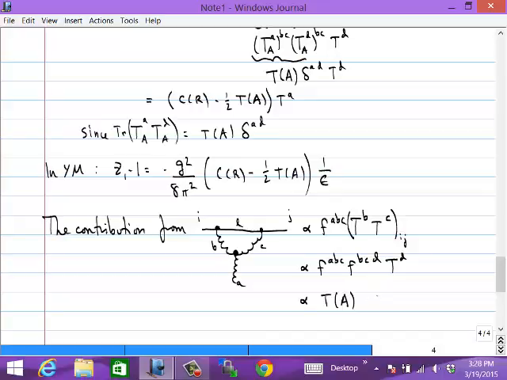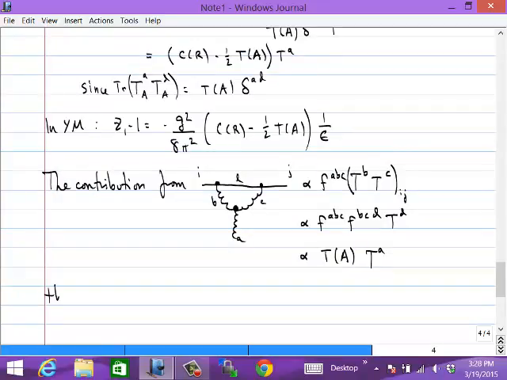So you get T^A there. Again, this will give you a contribution to the interaction vertex that's proportional to T^A.